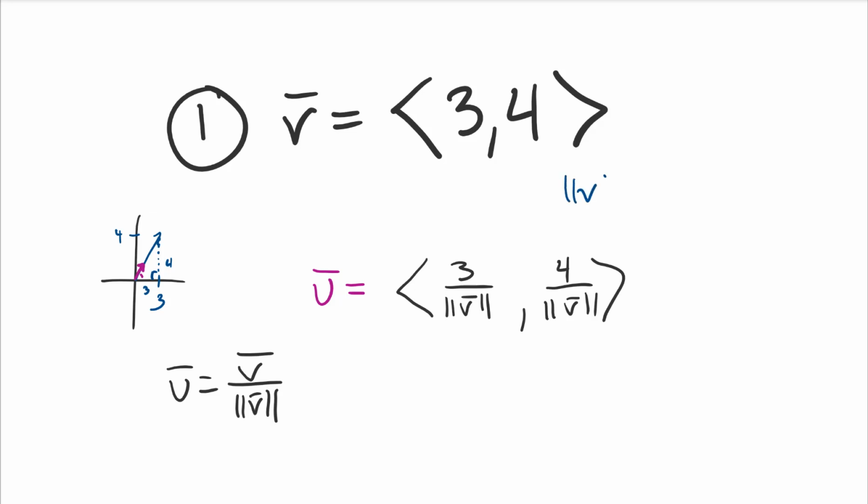Vector v's magnitude is, you should already know the answer: 3 squared plus 4 squared is equal to 5. So why don't we just replace our magnitudes with 5? It's 5 units long.